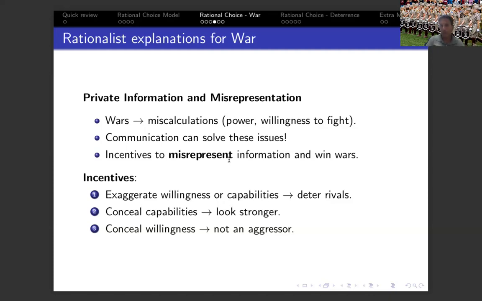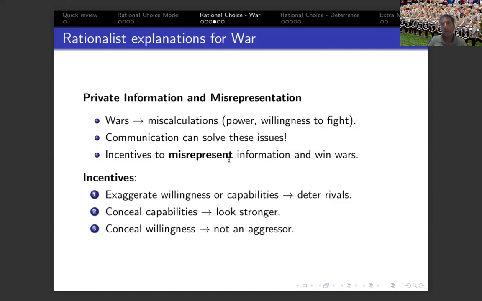So those are strategic incentives to misrepresent my capabilities or my willingness to fight in order to reap some benefits from my rivals. Another incentive is that states are concerned that if they reveal their true capabilities or resolve, they will actually seem weaker. So they have incentive to conceal those so they can look stronger and therefore get a better bargain.